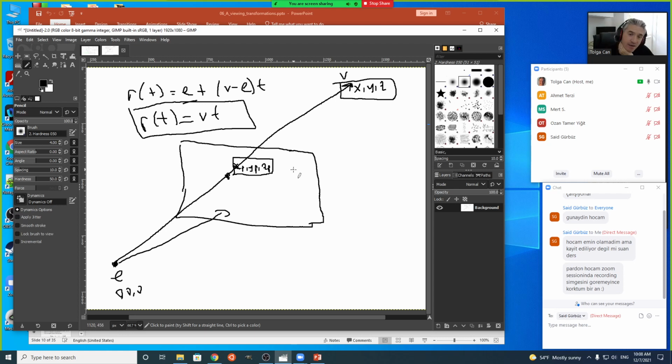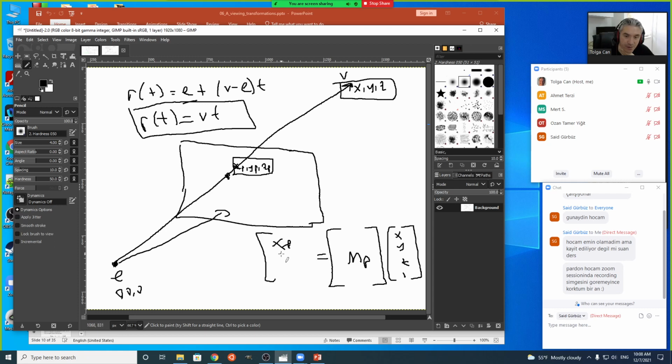But what we are trying to solve here is, can we find this intersection with an equation, but turn it into another matrix multiplication, such that, let's call this the projection matrix, MP, if I multiply this V, this XYZ, can I find this XP, YP, ZP, 1 correctly? Can we find such a projection matrix?